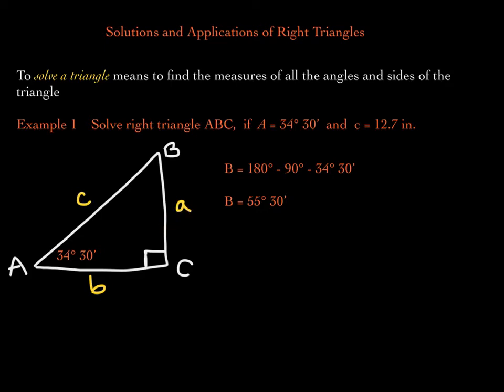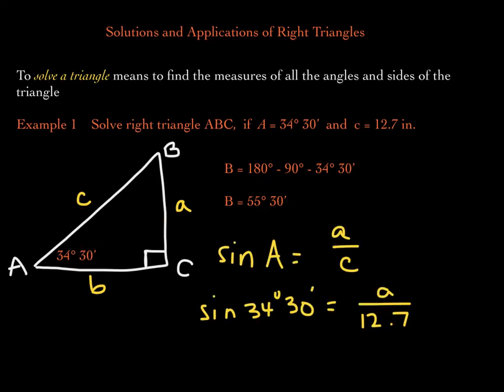Notice that side A is opposite the given angle, and the hypotenuse is given. Remember that the sine function has to do with opposite over hypotenuse. So I will take sine of the given angle and say that it is equal to A over C. So that means sine of 34 degrees and 30 minutes is equal to A over 12.7.